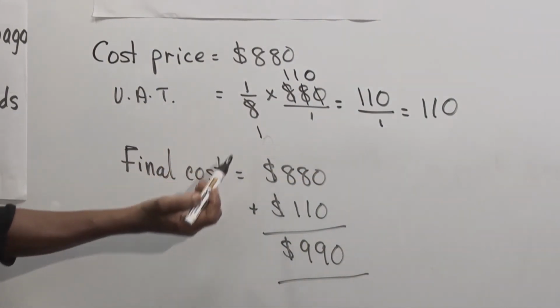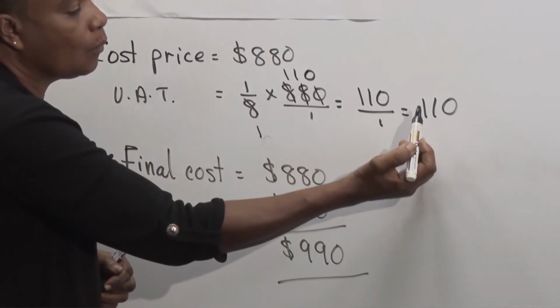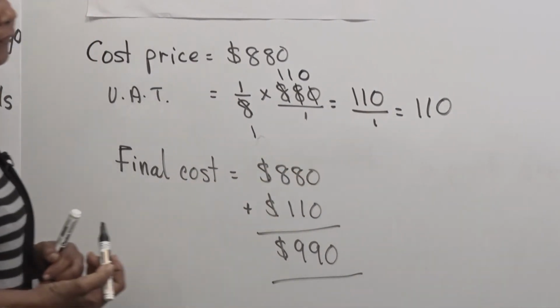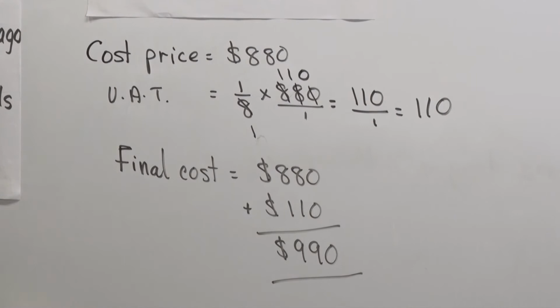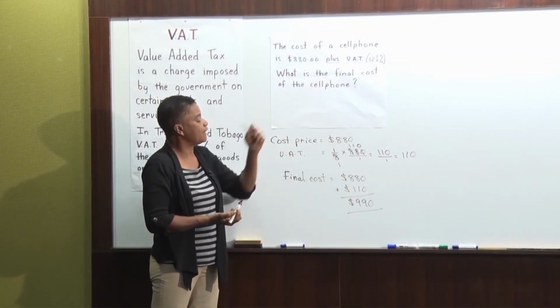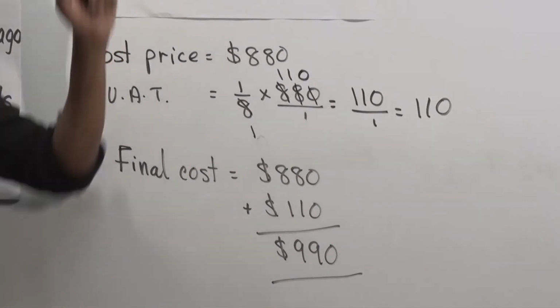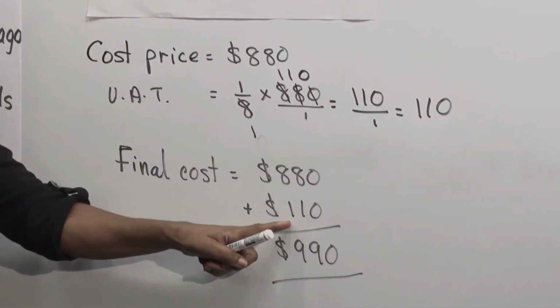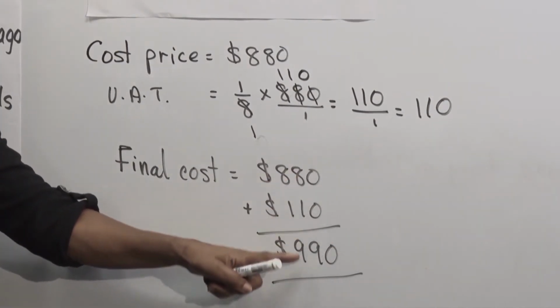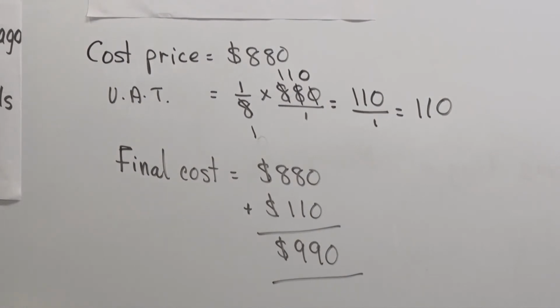When we work out the VAT, it worked out to be $110. But the sum asks us for the final cost of the cell phone, which means we have to now do the plus VAT part. We have to add the VAT to the cost. When we add the VAT to the cost, it will come up to $990.